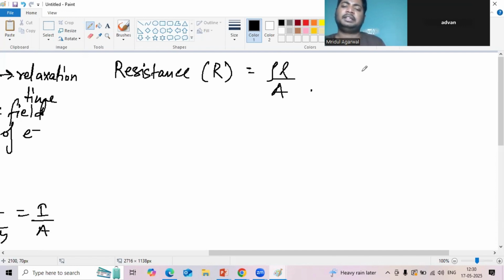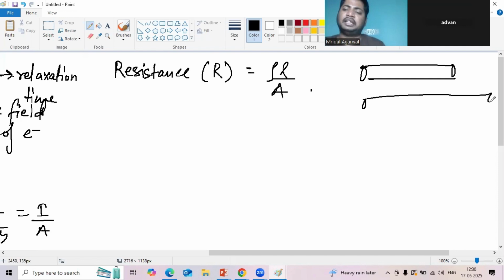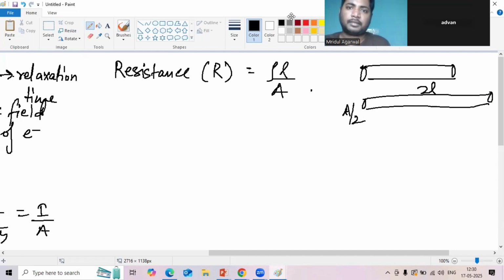Suppose you double any wire by stretching, what will happen? The length will get doubled and the area will become half.